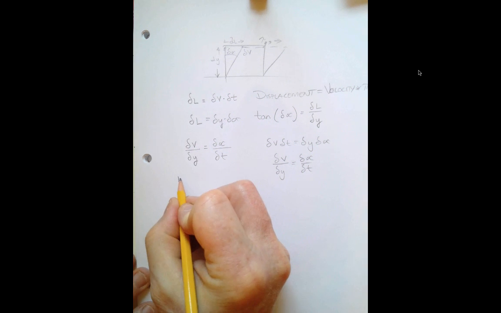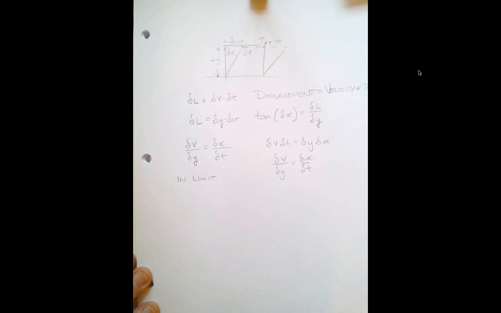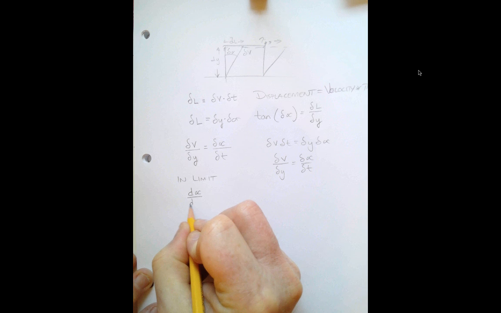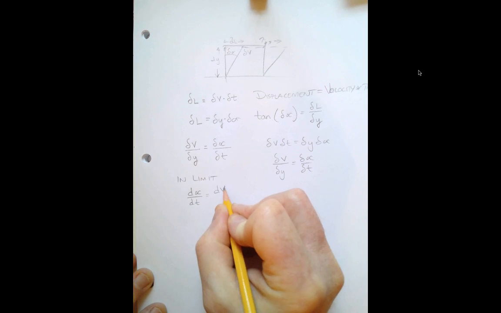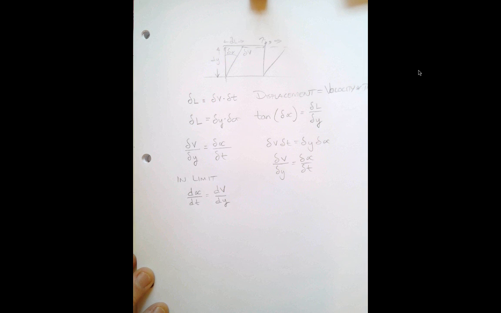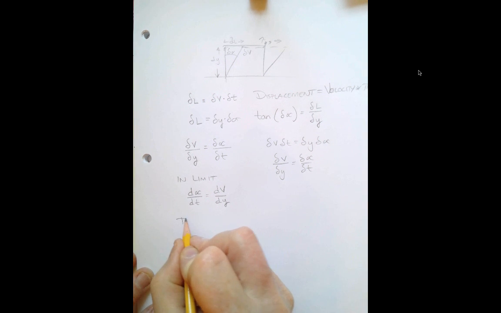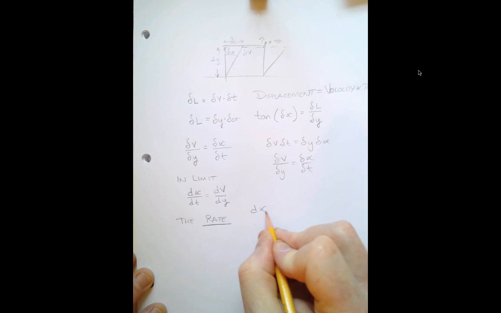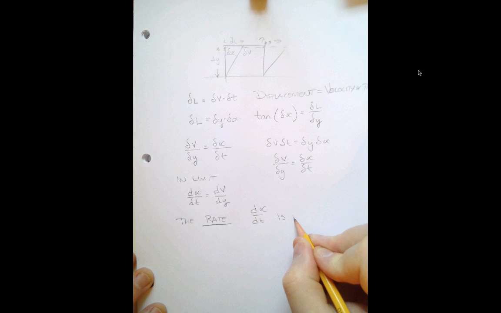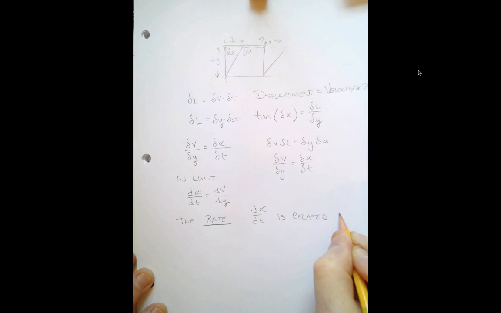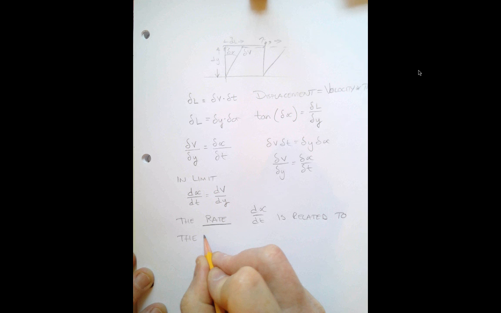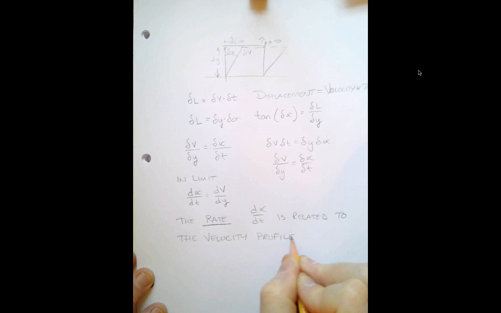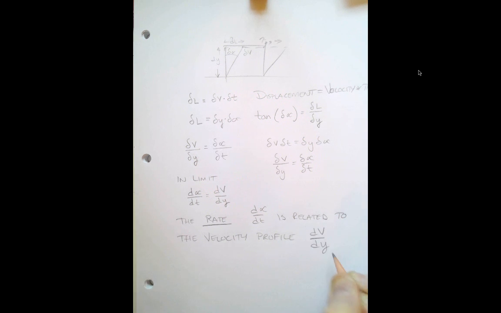Now in the limit, as the dy and d time vanish, we come up with d alpha dt equals dv dy, and this rate d alpha dt is related to the velocity profile, dv dy.